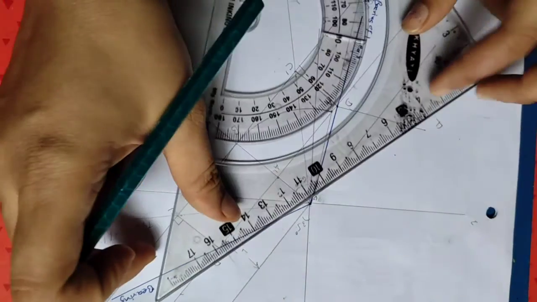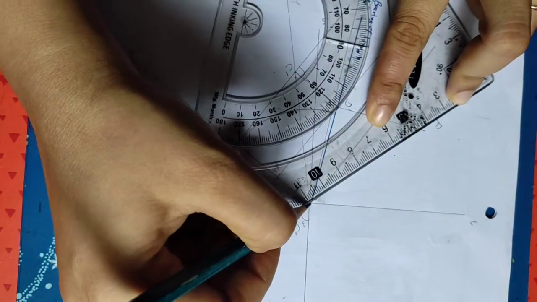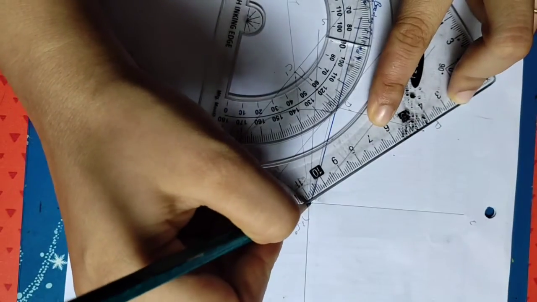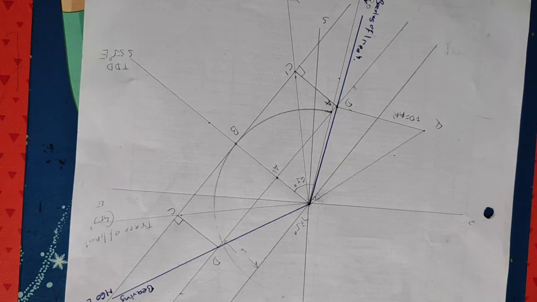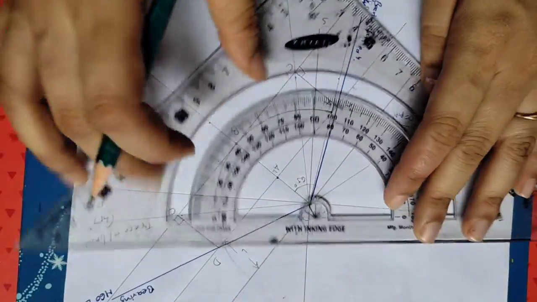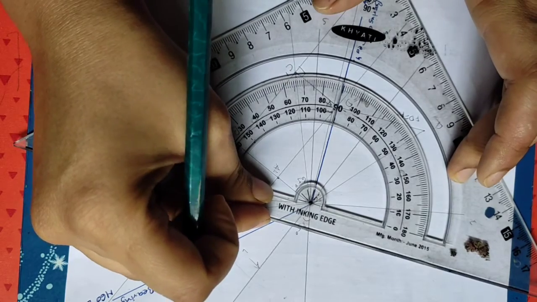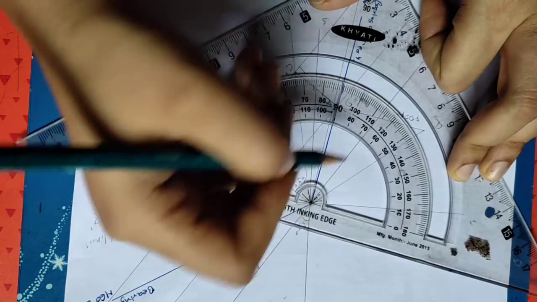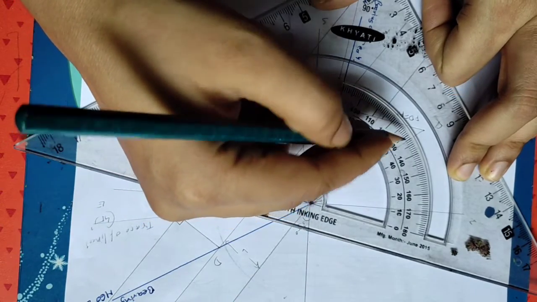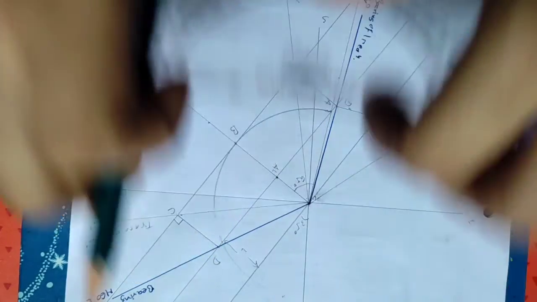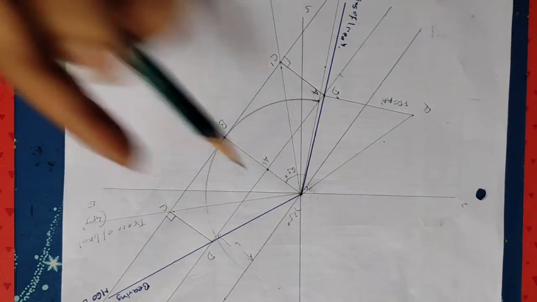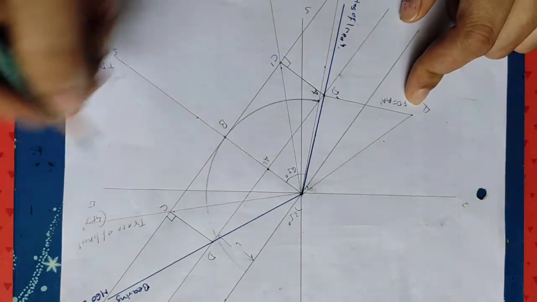Join OF, and now measure the angle FOD dash.